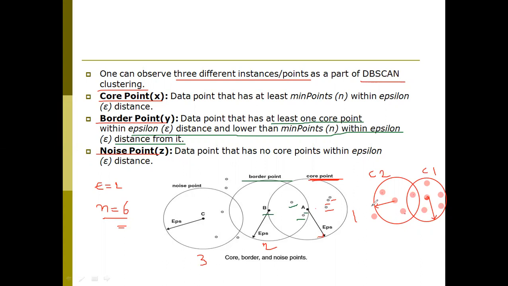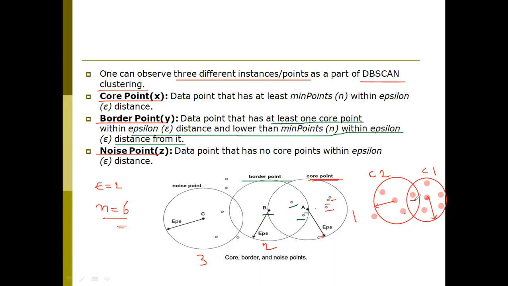The first condition is that it has fewer data points than n. What is the second condition? The second condition is that at least one core point is this. C2 has one core cluster point.